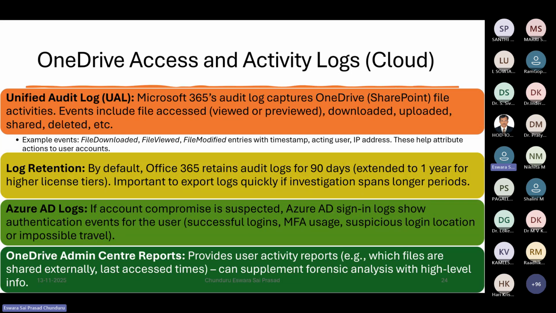And coming to the Azure AD logs, which provide user-related sign-in activities and authentication related activities, like whether it is a successful logon or a failed logon and how many logons happened. And then whether multi-factor authentication was used, and the IP address, if it is suspicious, or the geographical location of the IP address from where the access has been performed.